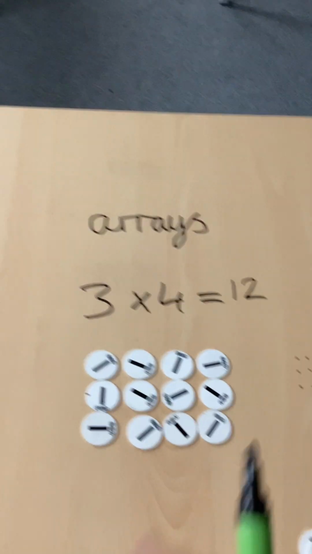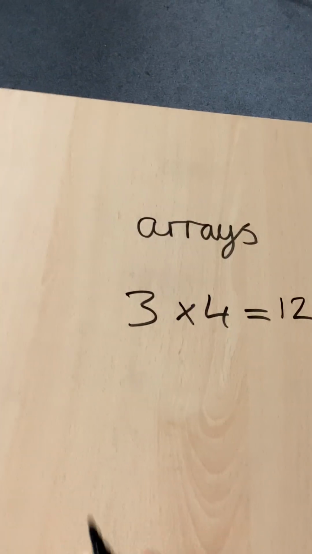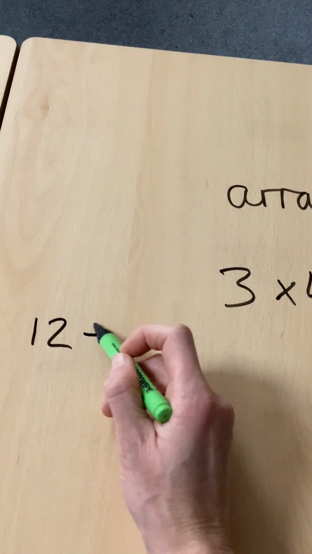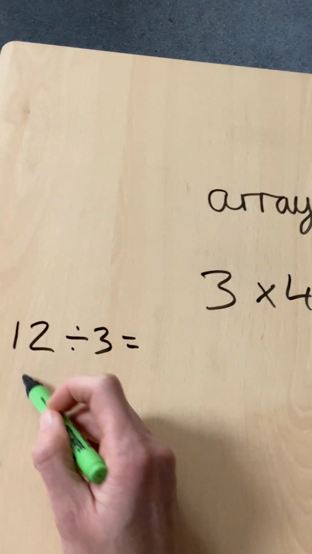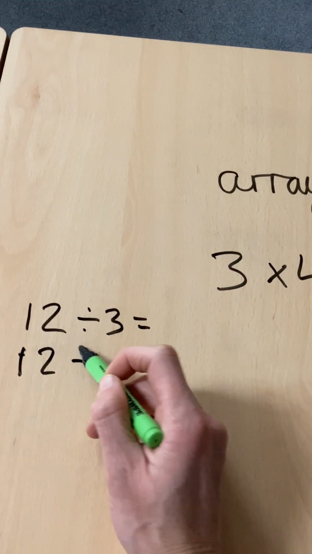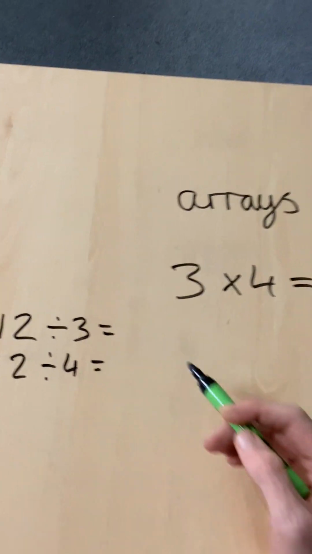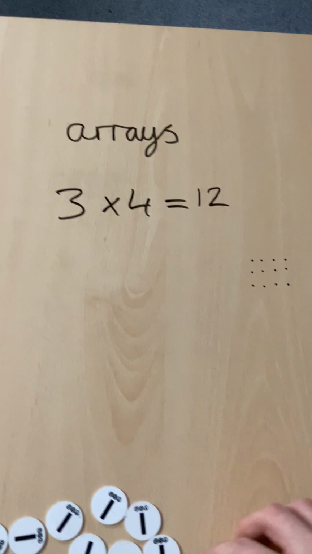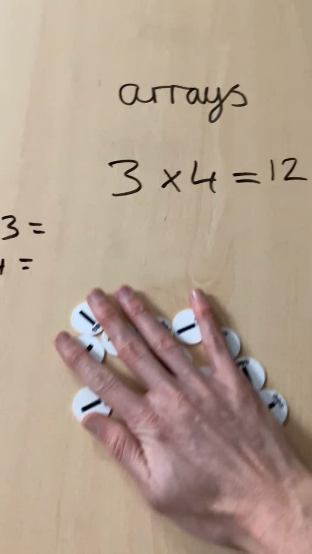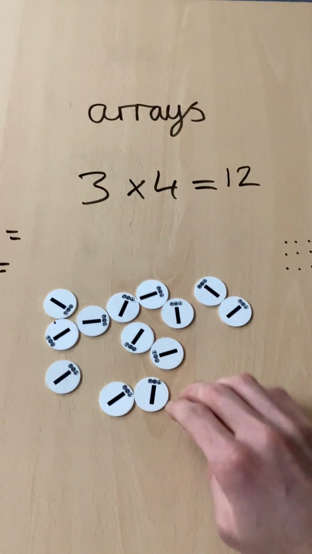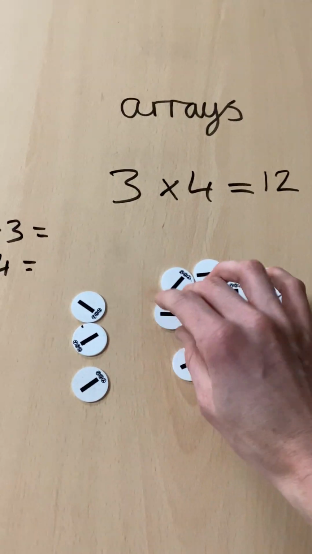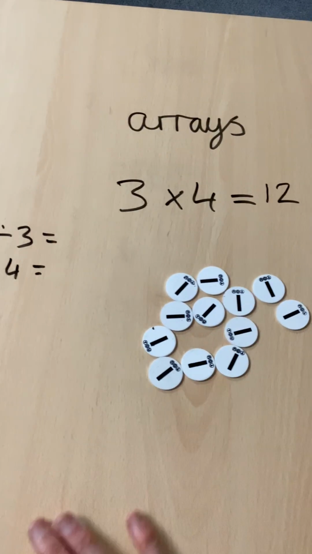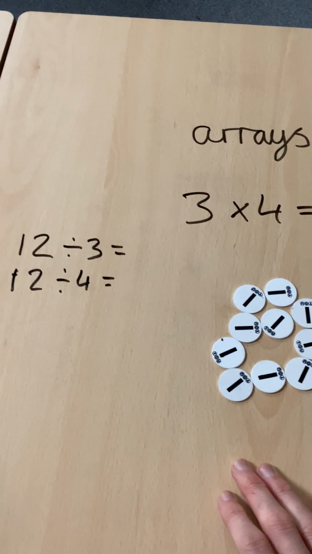If you had a division question, you could have 12 divided by 3, or you could have 12 divided by 4, and use the same approach. This grid will help. So we get 12 counters. 1, 2, 3, 4, 5, 6, 7, 8, 9, 10, 11, 12. And then we start putting them into rows and organising them.